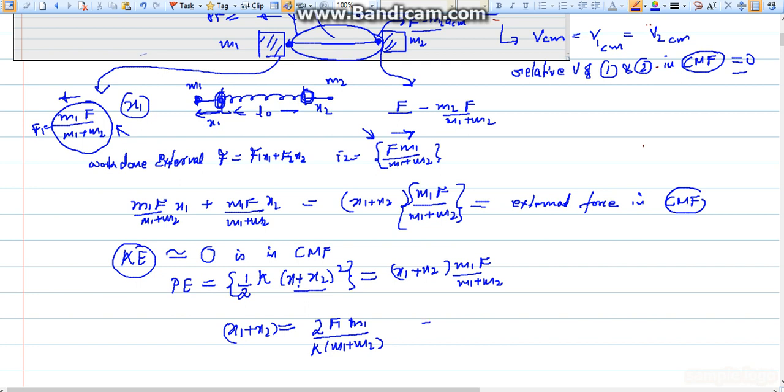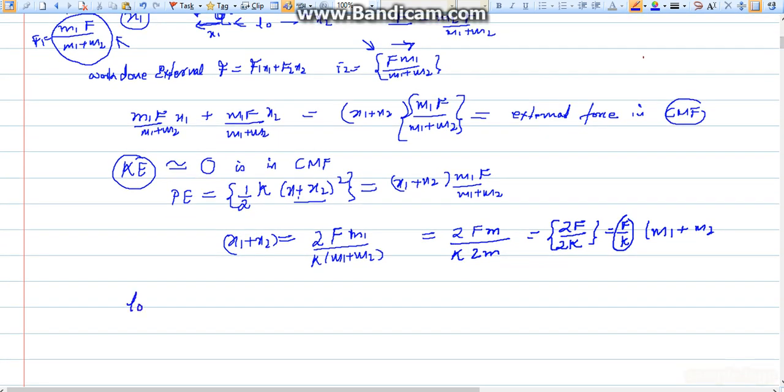If m1 is equal to m2, we get twice F. This is not F1, it is twice F. Can write it again: twice F m upon k twice m, which is equal to twice F upon twice k, or which we can write as F upon k, when m1 is equal to m2. So the maximum separation between the two masses will be the undeformed length of spring, this is L0, plus twice F m1 upon k (m1 + m2).